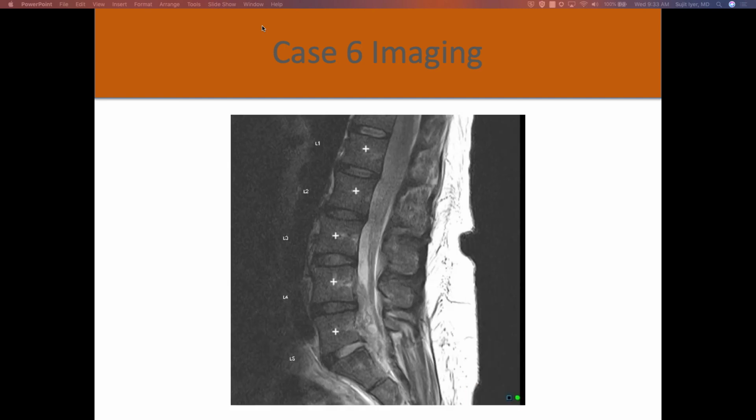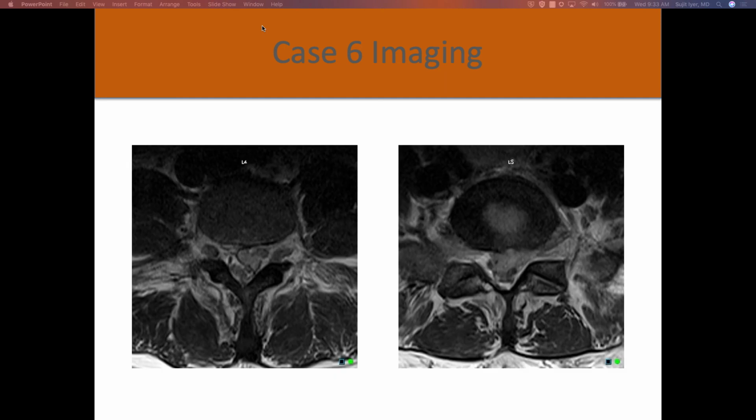Here's a T2 weighted pulse sequence. You can see the CSF is white here. We come down here, some nerve roots here. But again, there's a process posterior to the vertebral bodies, anterior to the thecal sac, displacing the thecal sac, in the ventral epidural space, L4, L5, a little bit of S1, showing inhomogeneous signal.